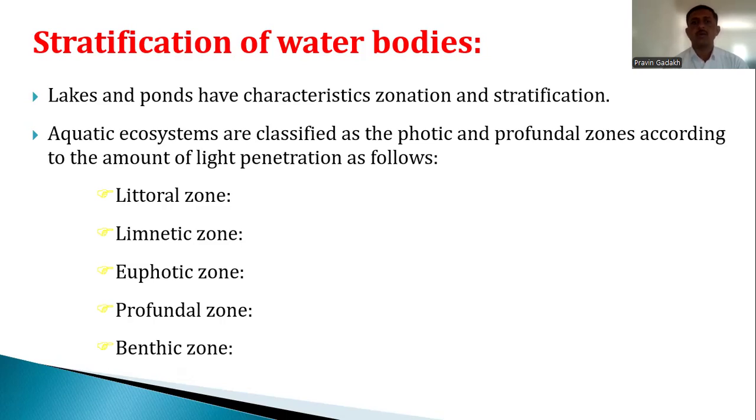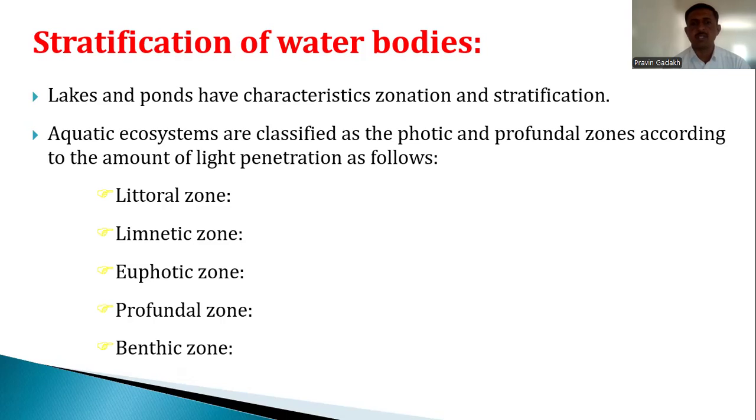Lakes and ponds have characteristic zonation and stratification. Aquatic ecosystems are classified into the photic and profundal zones according to the amount of light penetration, that is, the amount of light available for the growth of microorganisms or to carry out their metabolic processes.